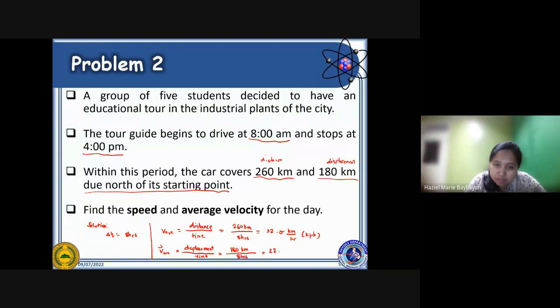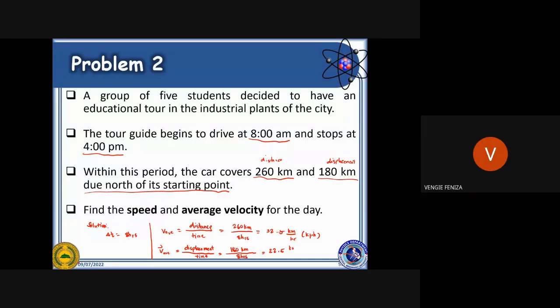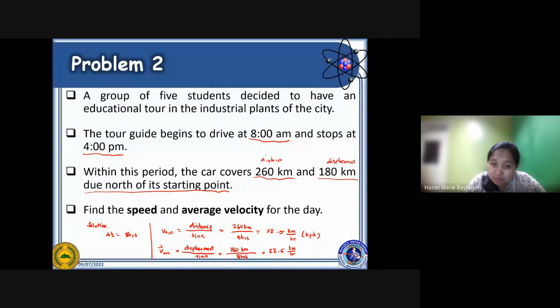Okay, so the average velocity is 22.5 kilometers per hour. Tapos ang iyang direction is the same as the direction of the displacement, which is due north from the starting point.